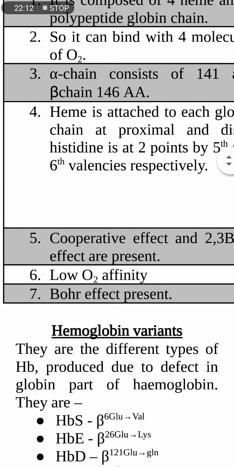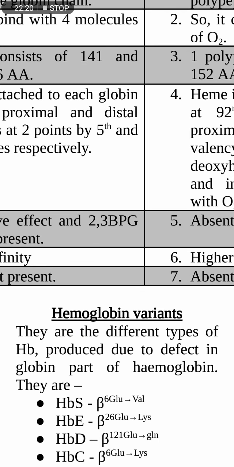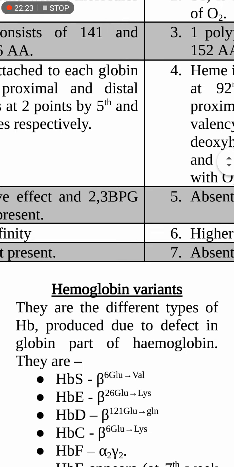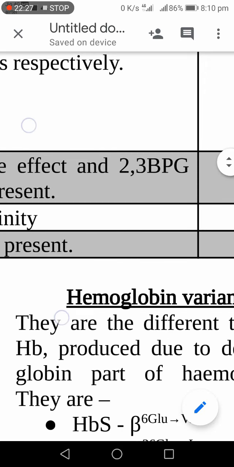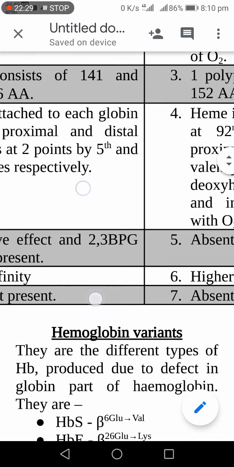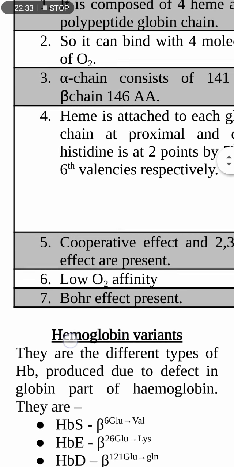Next, the cooperative effect and the 2,3-BPG binding effect are seen in hemoglobin, but in myoglobin they are not seen. Bohr effect is also present in hemoglobin, but in myoglobin it is not present.